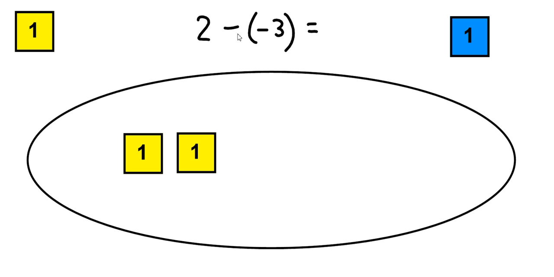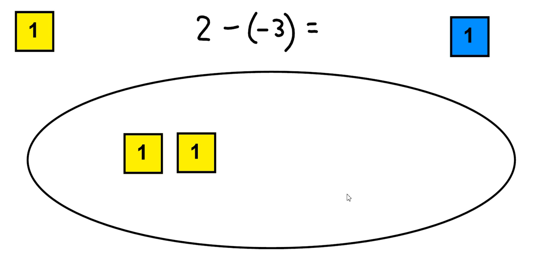We're looking to take away negative 3, which means the last thing we do before we find the answer is that we take away 3 blue chips. There are no blue chips in this whole play area.